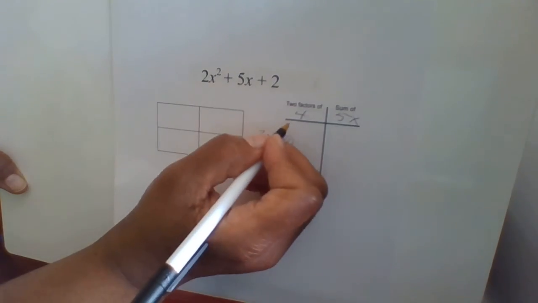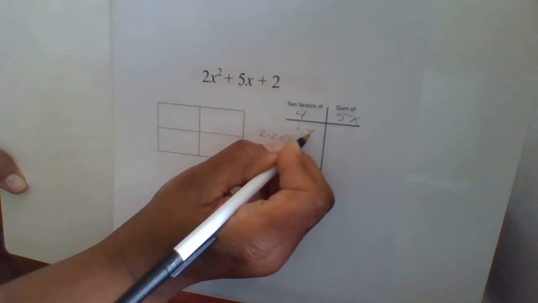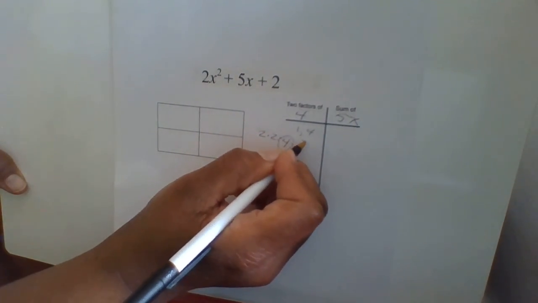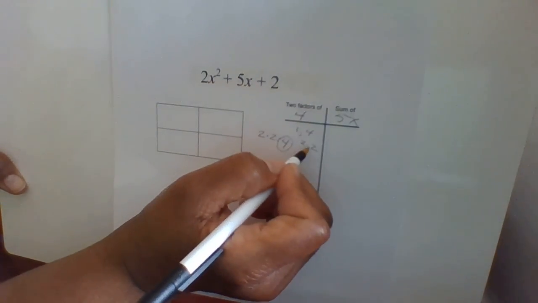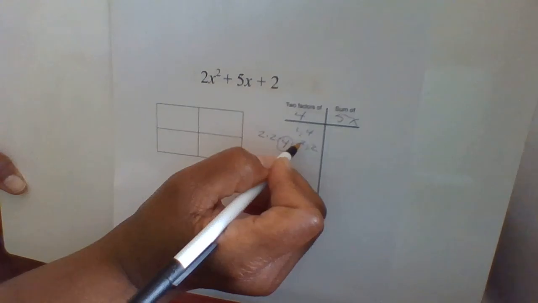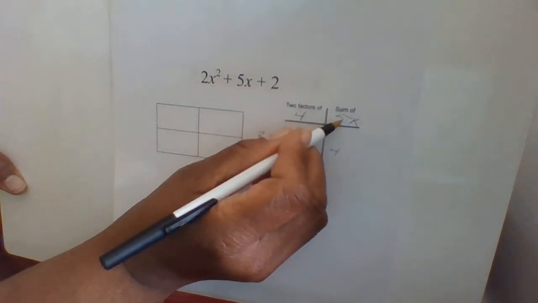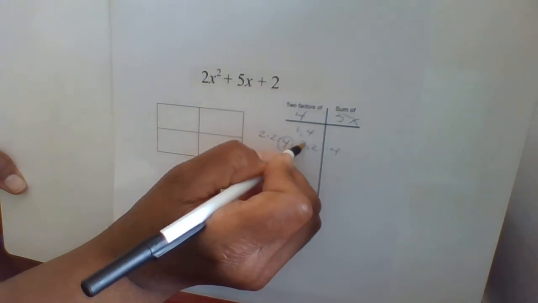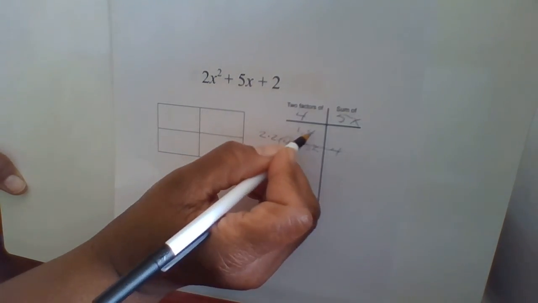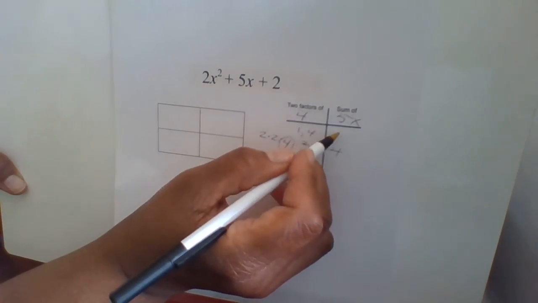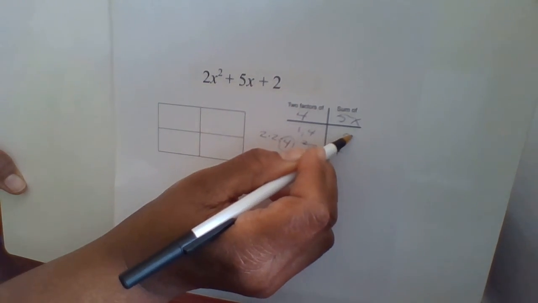The factors of 4 are 1 and 4, and 2 and 2. If I add 2 plus 2, I'll get 4. I need 5. So those two factors will not be used. 1 and 4, if I add 1 plus 4, I get 5.